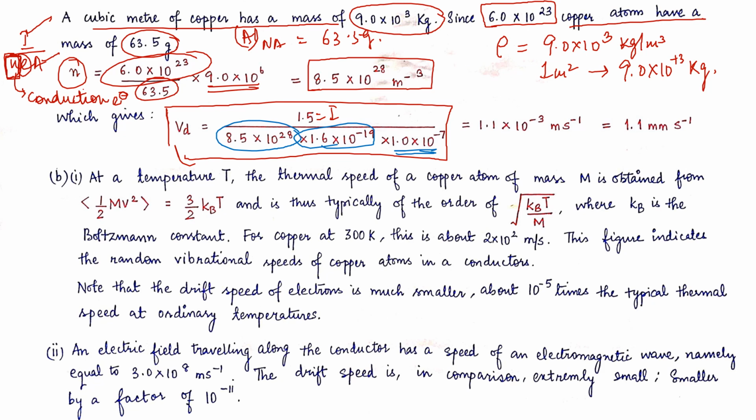Upon solving this, we will find that drift velocity comes around 1.1 into 10 to the power minus 3 meter per second. Now this meter per second is converted into millimeter. We have reduced this power. So it is 1.1 millimeter per second, which is very small.